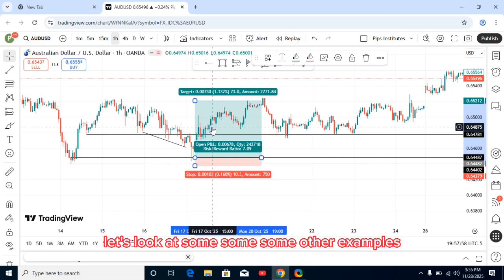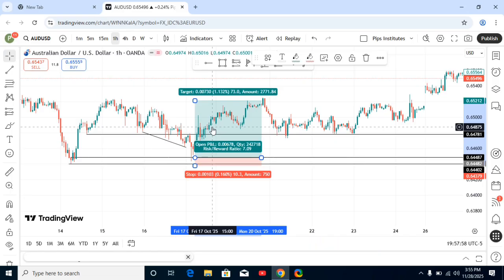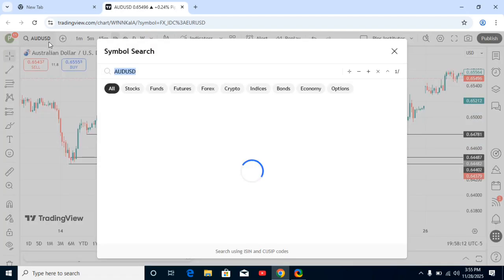Let's look at some other examples. Let's look at another example. Let's look at Euro USD.